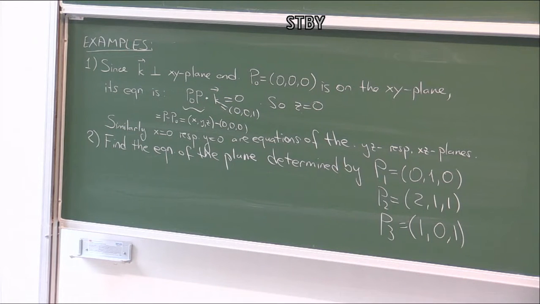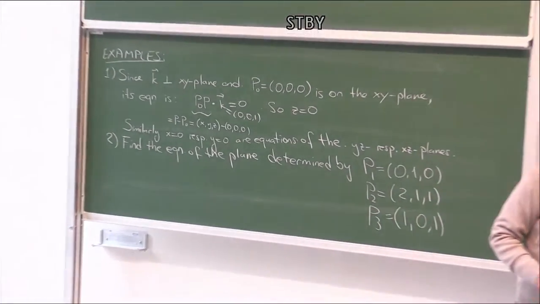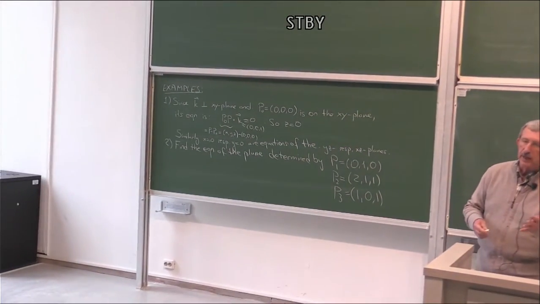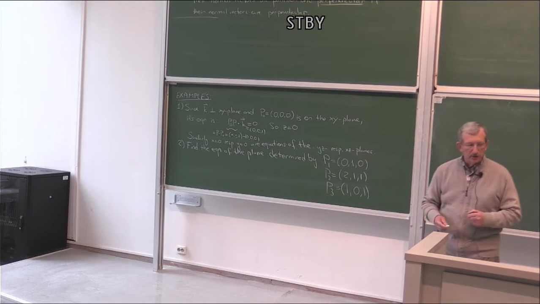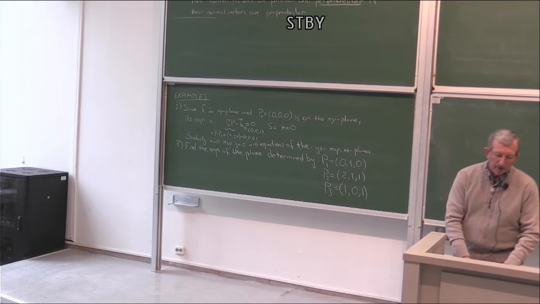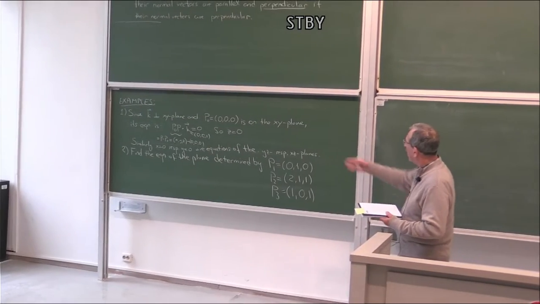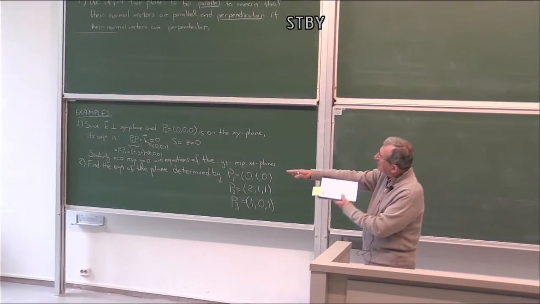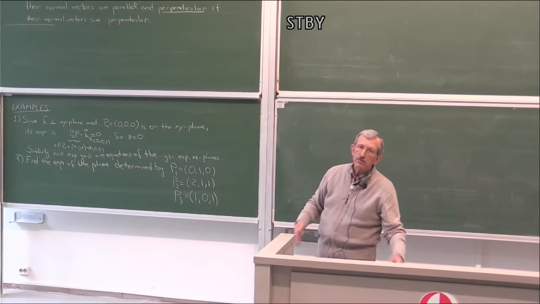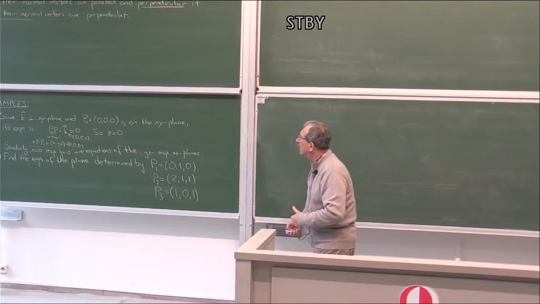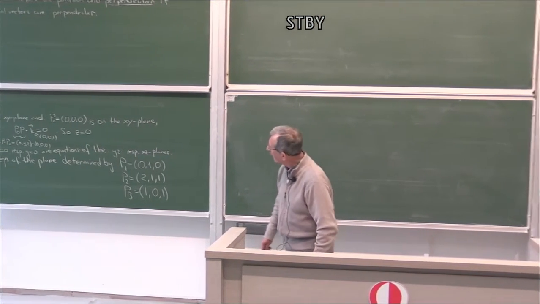We may have a little doubt that if they lie on a single line, we would have infinitely many planes determined by these 3 points. Because clearly, if you have a line, and if you have 3 points on it, any plane which rotates around this line would be determined by these 3 points. But here it's not true, as we will see at the end.